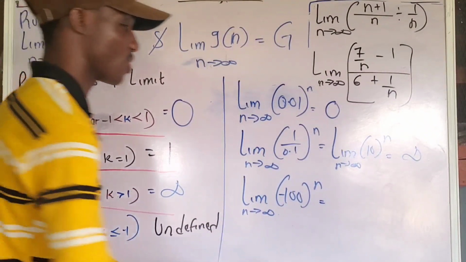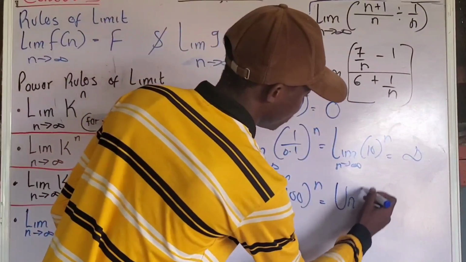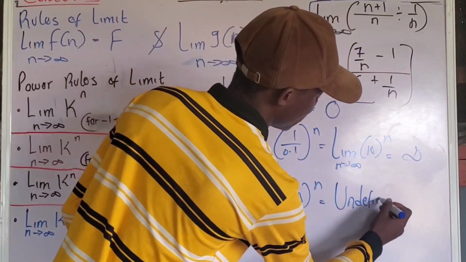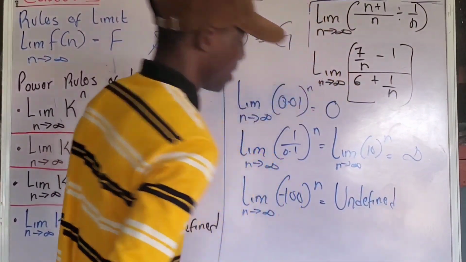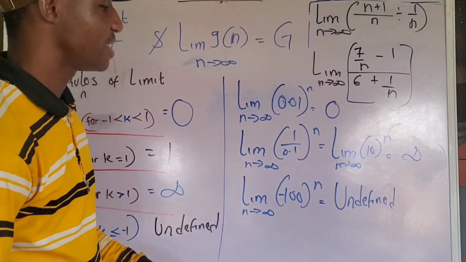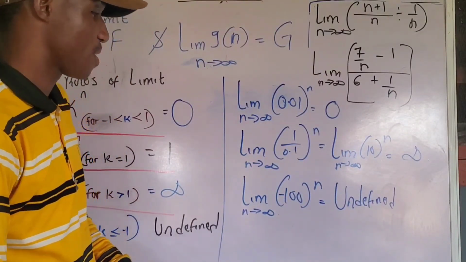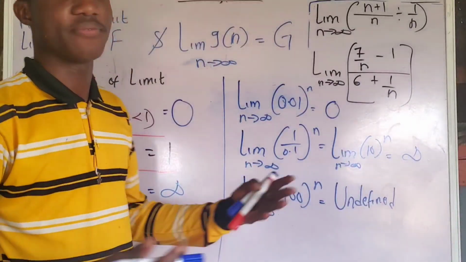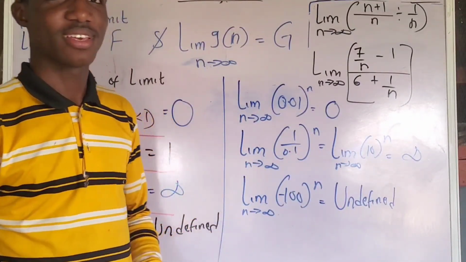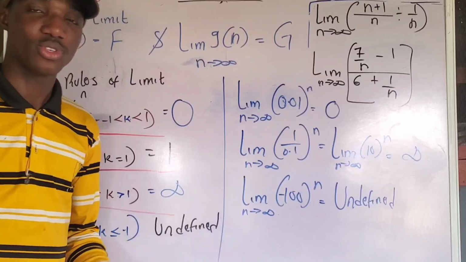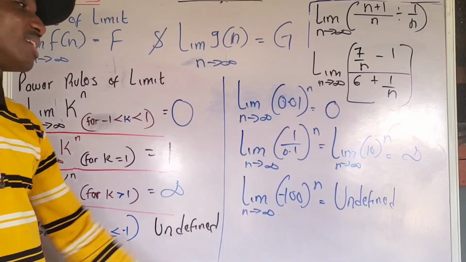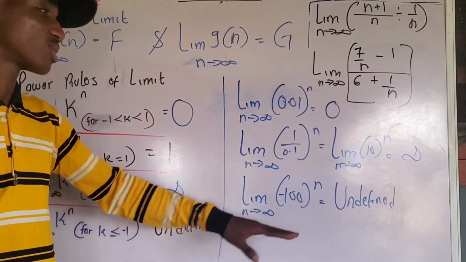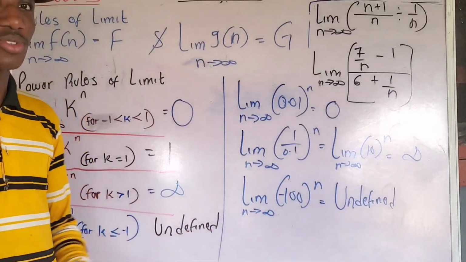You understand? It is undefined, and this kind of function is undefined and it diverges. You understand? Though it's undefined, it diverges because if the value of n increases, the magnitude of the function also increases. You get what I'm trying to say?